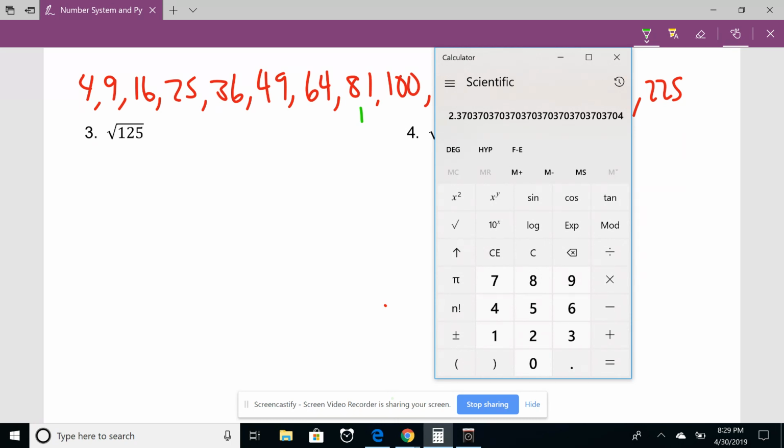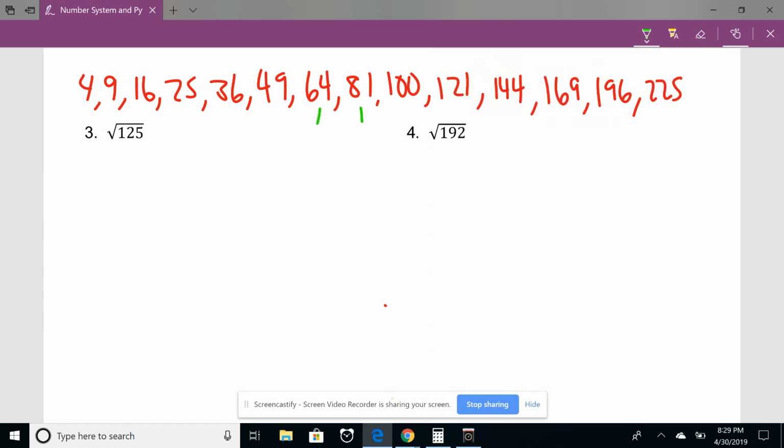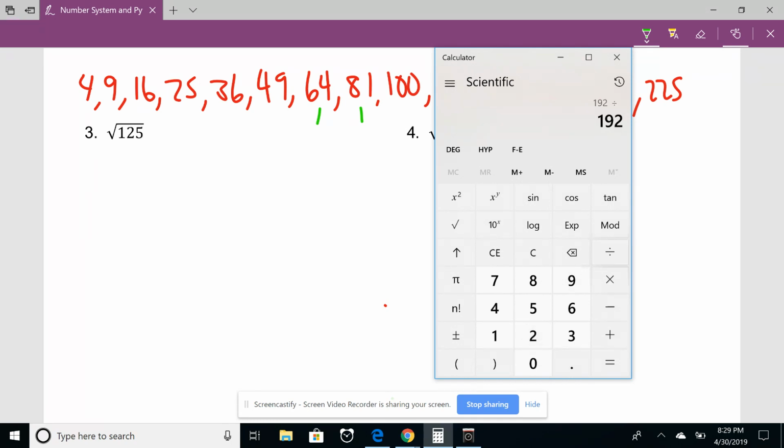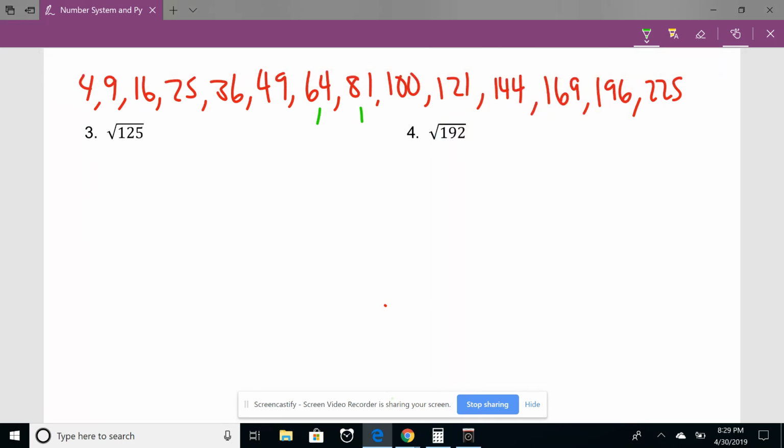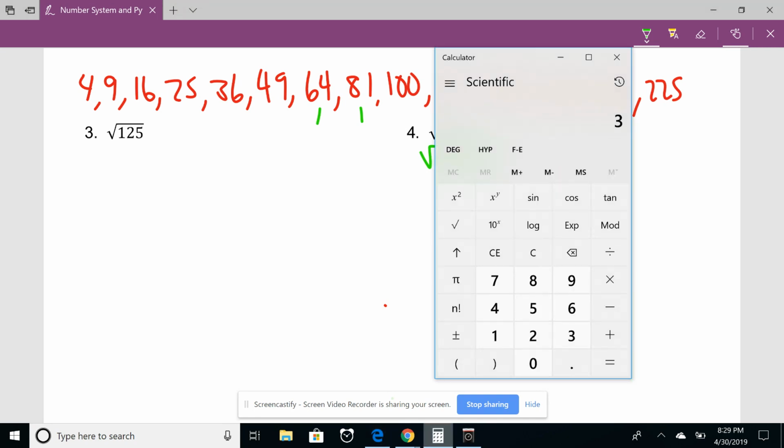Nope. Let's try 64. 192 divided by 64. That works. It's 3. So 64 is the biggest perfect square that goes into 192. Again, you always start with the perfect square.